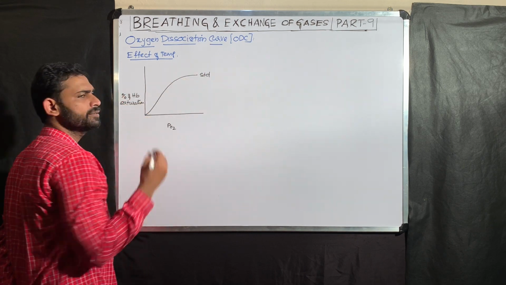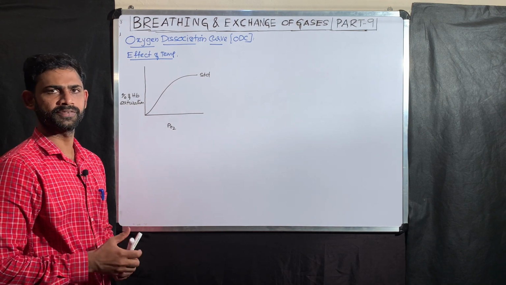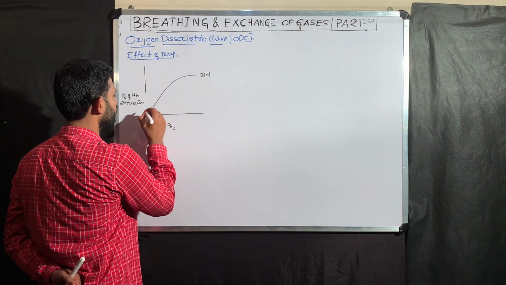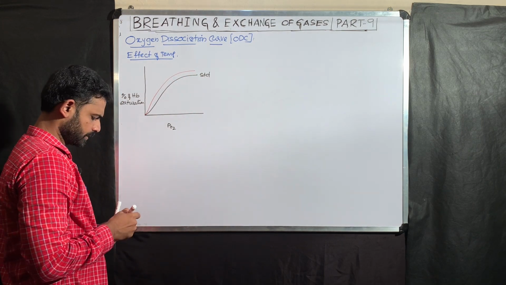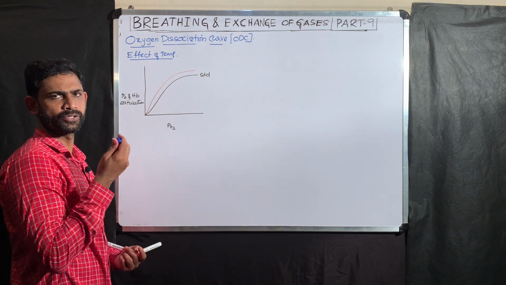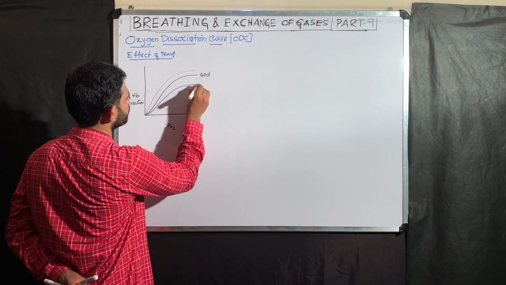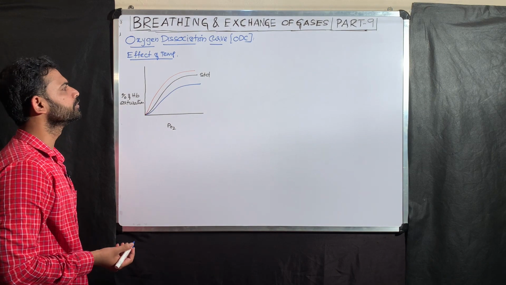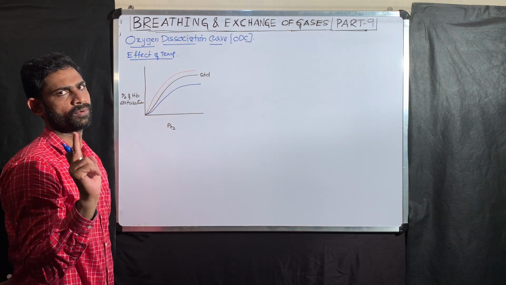Now, I said a right shift and a left shift. With red color, I am writing this one like this, and with another color, to help you understand, this one. Now I am asking you about the effect of temperature on standard ODC.